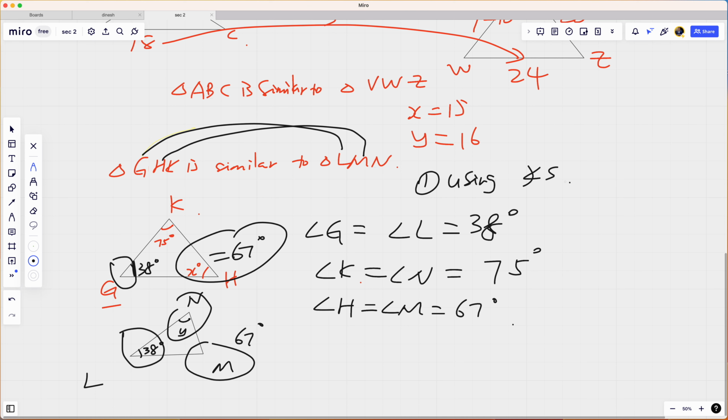Okay, so whether you use angles or use length ratio, what's the most important step actually for similar triangle? Must see which one matches. Correct. How you do the matching is by rotating, because only when you rotate, then you can see the matching.